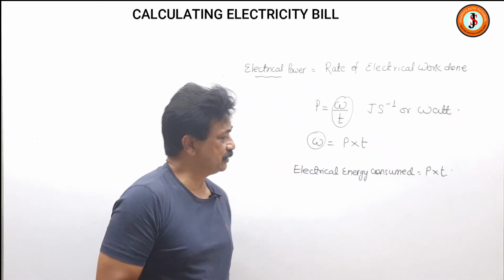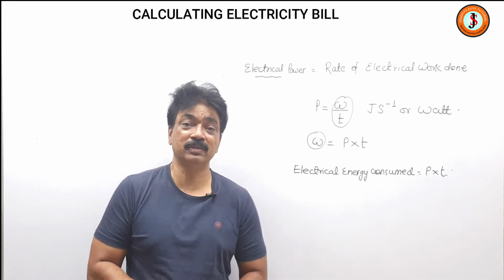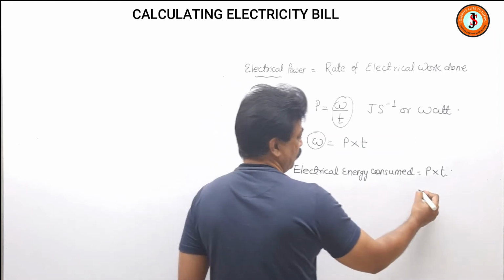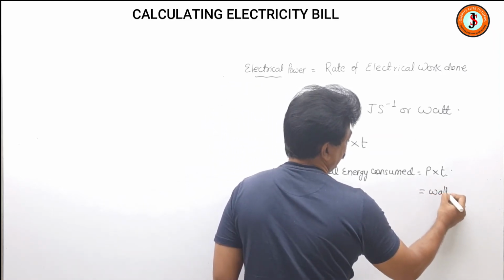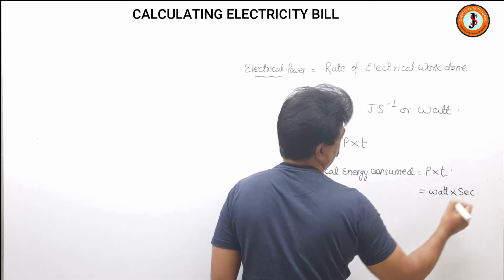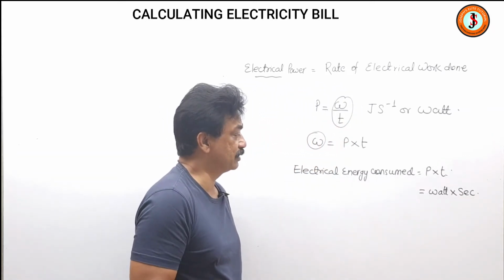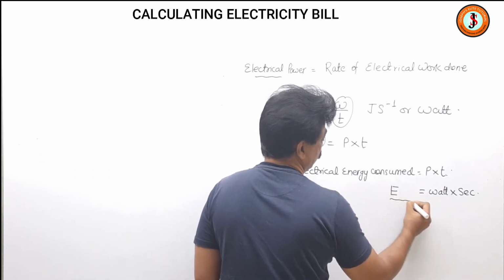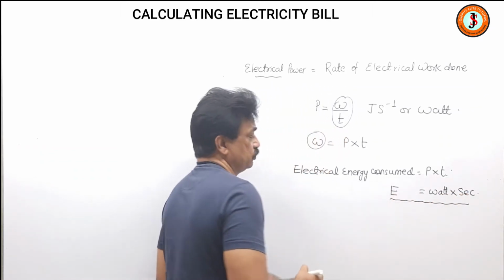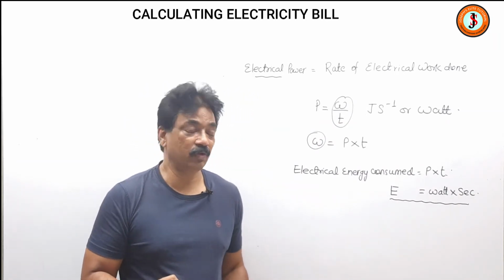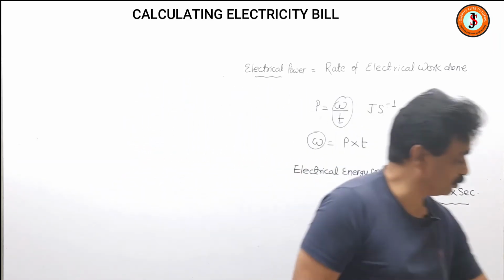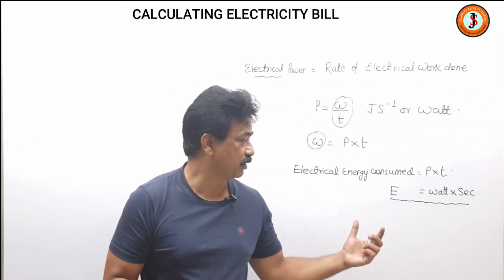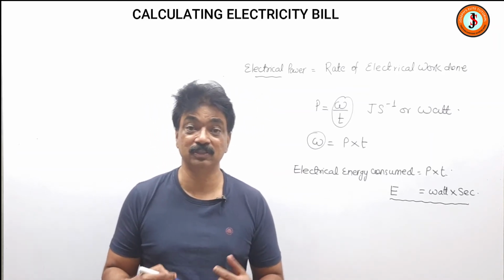Now see, commercially we don't measure electricity normally as power, the unit of power is watt, and the unit of time is second. So electrical energy consumed has a unit watt second, or joules, joule is equal to watt second. However, when we are calculating electricity bill, we take the time as hour and we take the wattage or power as kilowatt.